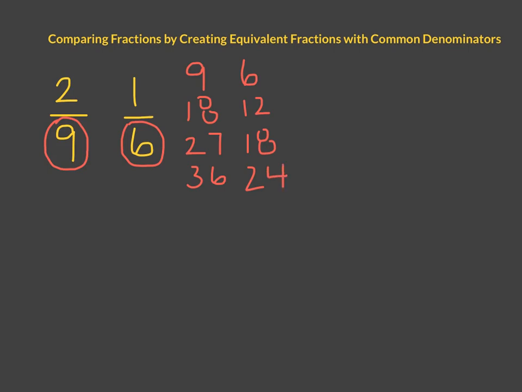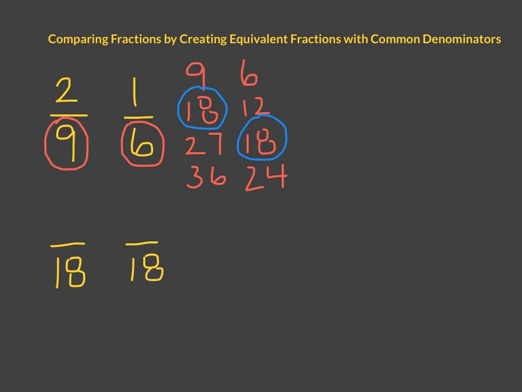While listing the multiples, we can see that the least common denominator or lowest common multiple for 6 and 9 is 18. So we're going to be creating equivalent fractions with a denominator of 18.